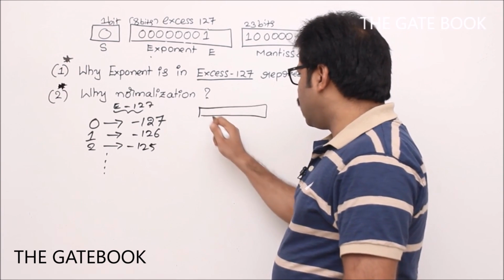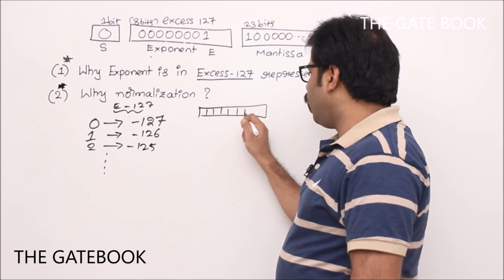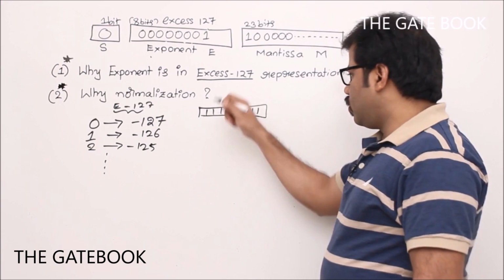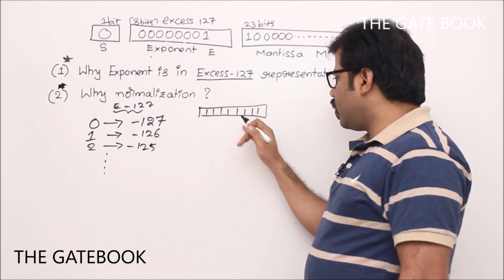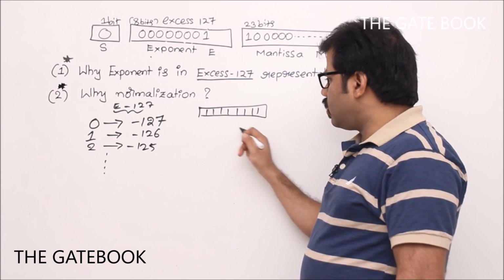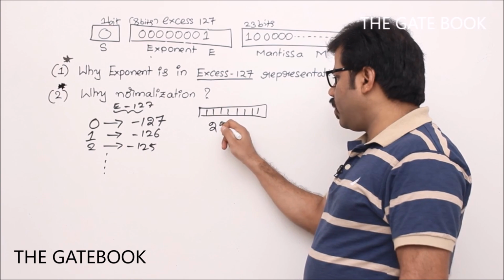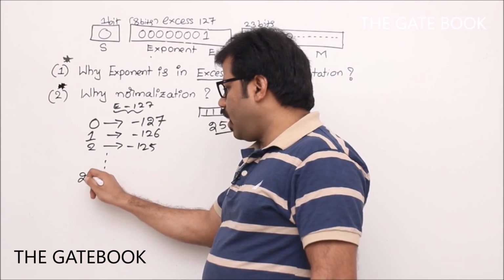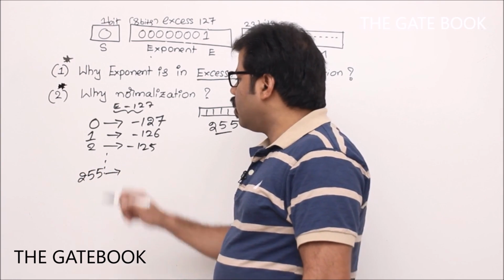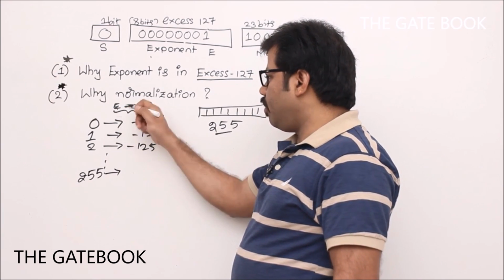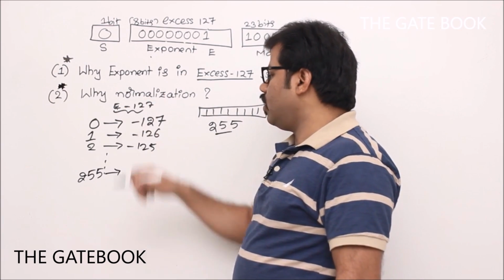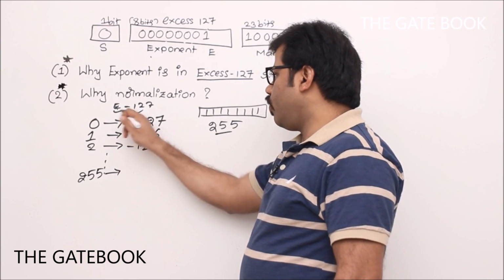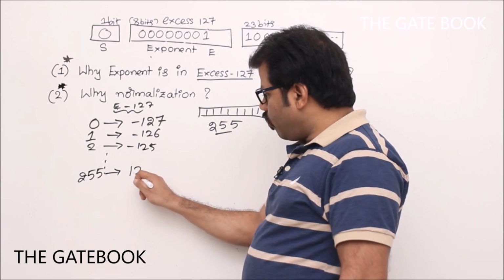So using 8 bits, the maximum binary pattern we can write is 8 ones, right? Now what is the unsigned value of this? The unsigned value will be 255 with 8 bits, remember it, okay? So just check it out otherwise. So we will be having 255, but because of excess 127 notation, 255's meaning is 255 minus 127, that means 128.